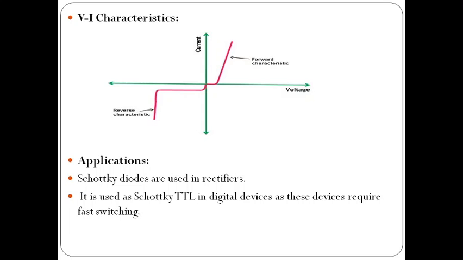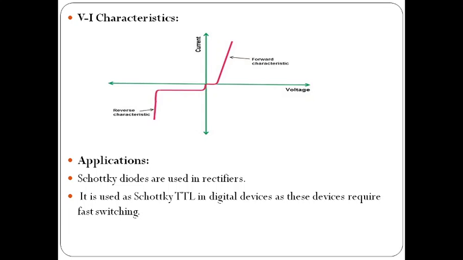And coming to reverse bias, here it looks like the normal PN junction diode, but in the Schottky diode we have more leakage current. That means the reverse saturation current is more compared to the normal PN junction diode.